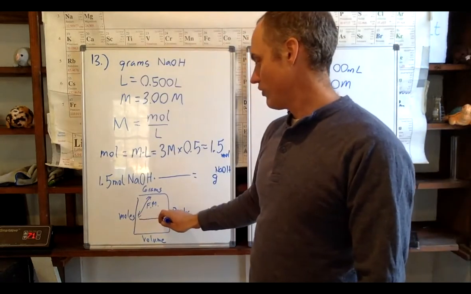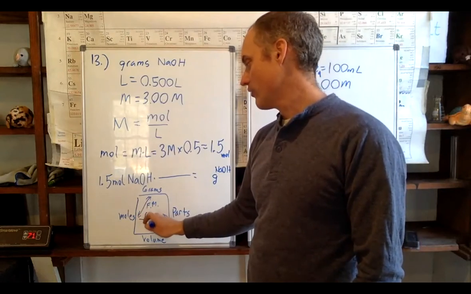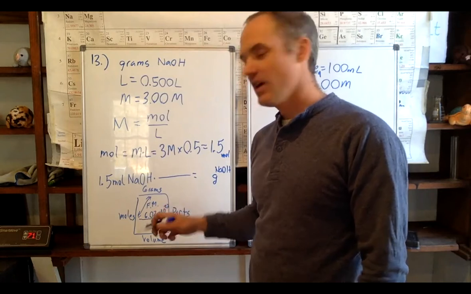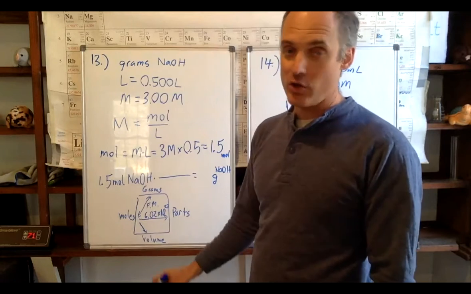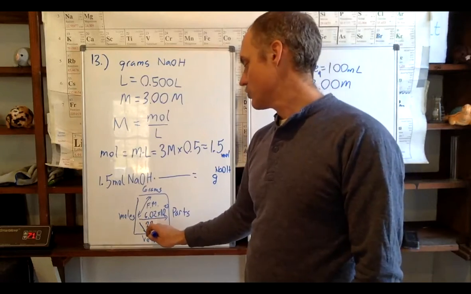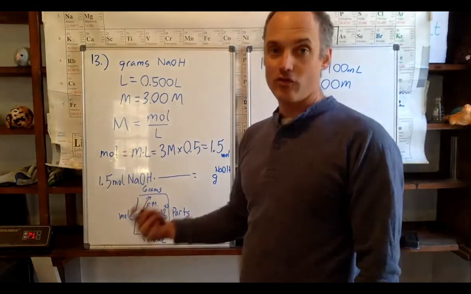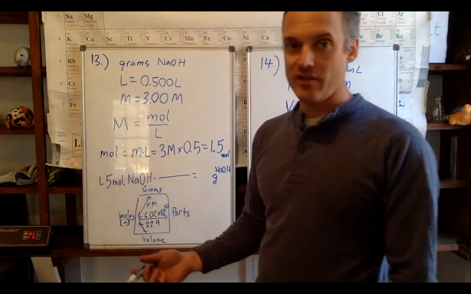The other conversions that we have to worry about are the parts. This one doesn't do this, but it's 6.02 times 10 to the 23rd. And the other one that you have to be familiar with is the conversion to volume, which is 22.4. Remember, if you're going to moles, it's always going to be divided by those constants, but we're not.